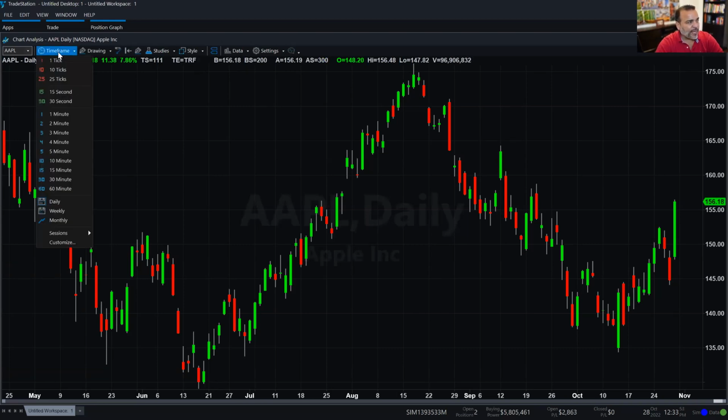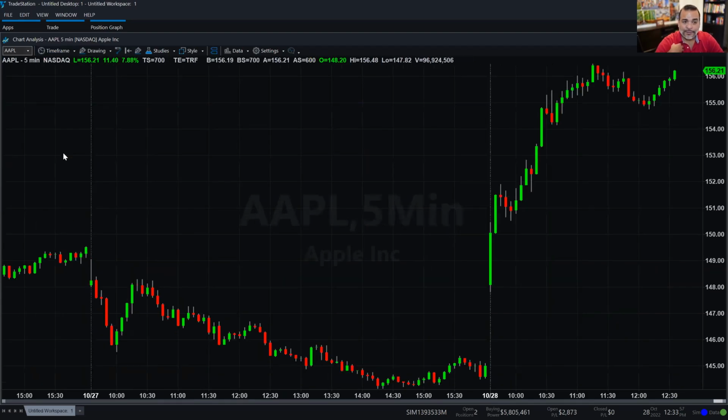If I go here to the time frame and click on 5 minutes, for example, then I'm choosing to split up all the trading activity for Apple into 5-minute segments. And every candlestick is representative of all the trades that happen within each one of those 5-minute bars.